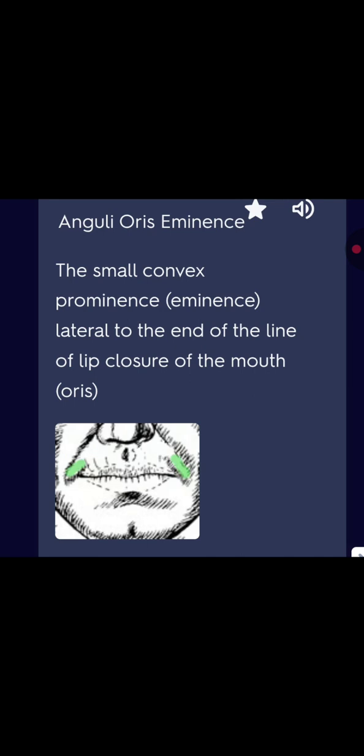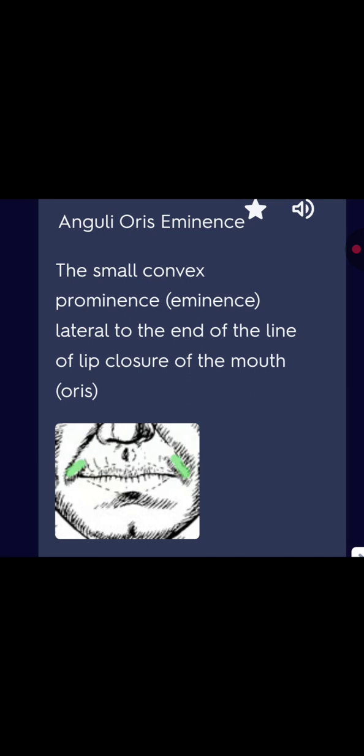So angulus, oris, eminence, angle of the mouth, protrusion. The small, curved like outside of a sphere to the side, to the end of the line of lip closure of the mouth. It is a projection on the cheek adjacent to the corners of the mouth.